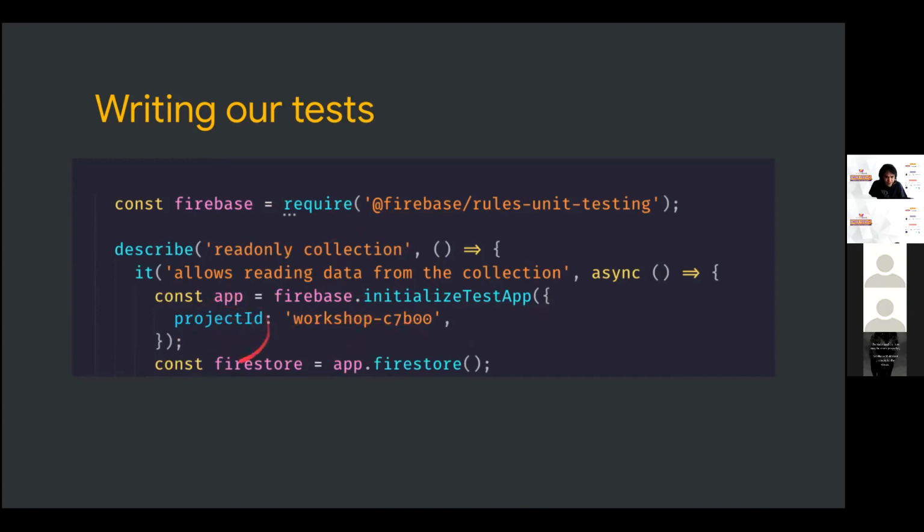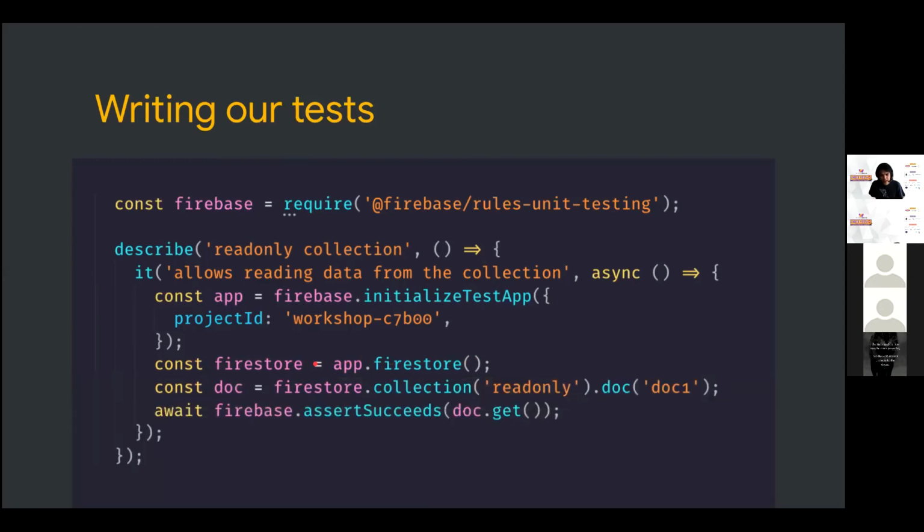That's the only difference compared to using the Firebase SDK. And from the app itself, we can get a reference to Firestore already. So we get firestore from that app, and this will be using the Firestore emulator. And from there, we can write a test.